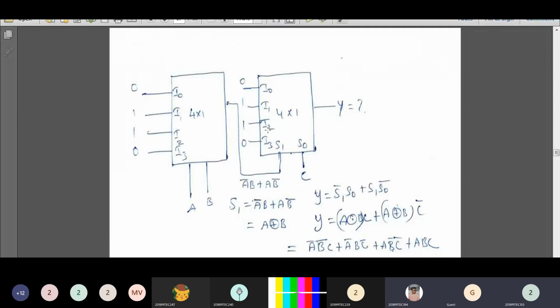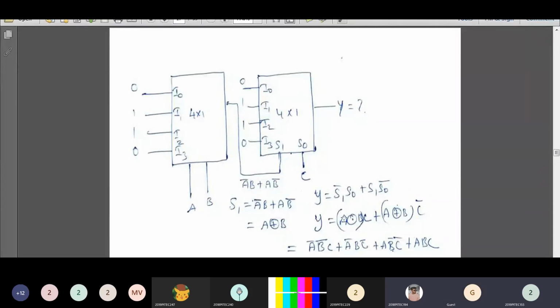Next, when your selection input is 1, 0, I2 is connected to the output. That 1, 0 represents the minterm S1 S naught dash. So the output of the second multiplexer is Y is equal to S1 dash S naught plus S1 S naught dash.